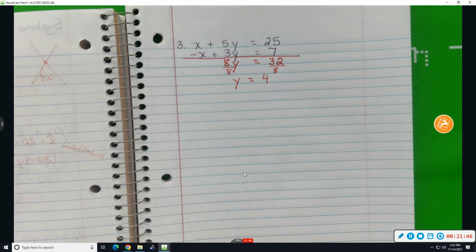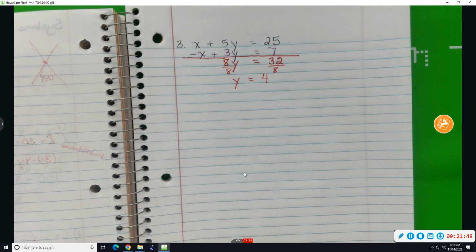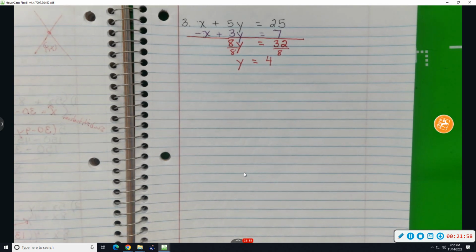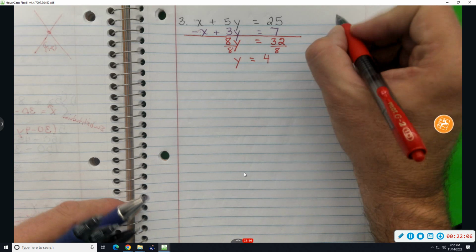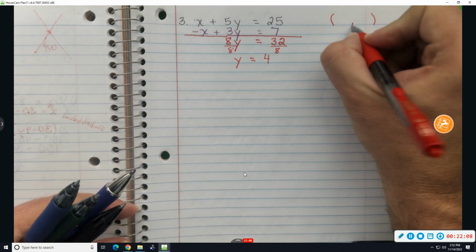Now when you do elimination, to find the other variable, you're always going to use substitution. The instructions say solve using elimination, but it's really elimination and substitution. What we've just done is found that our y value is 4.